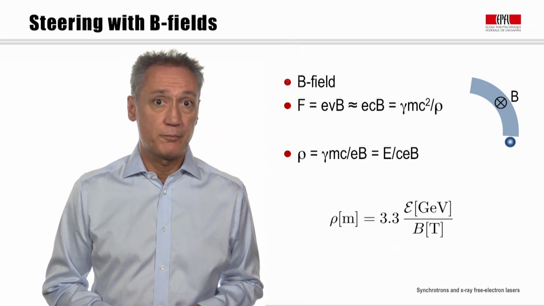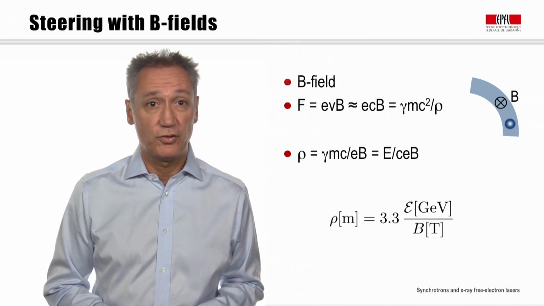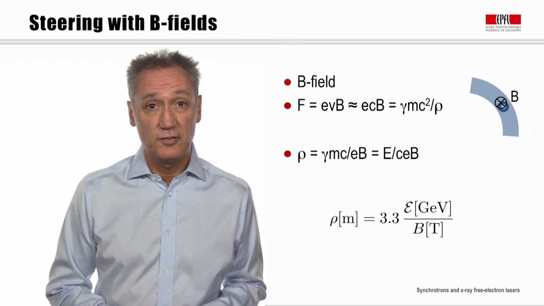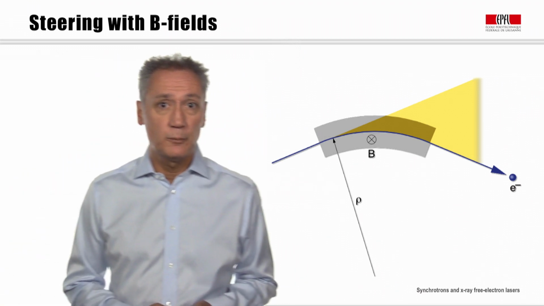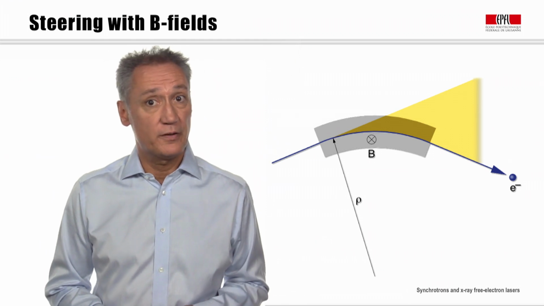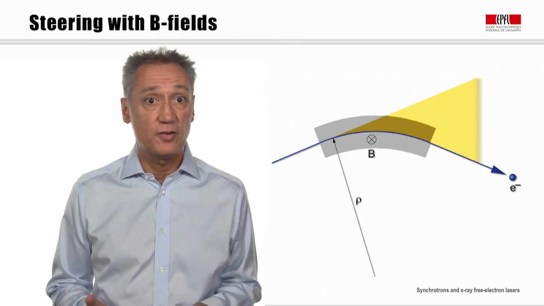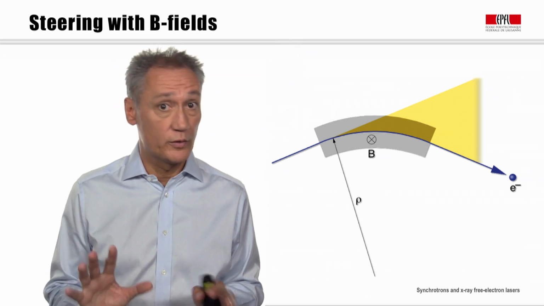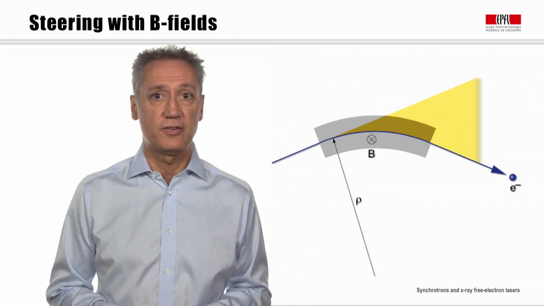We can re-express this in practical units such that ρ in meters equals 3.3 times the storage ring energy expressed in gigaelectron volts, divided by B given in Tesla. Hence, an electron traveling in a horizontal plane that experiences a constant B field acting vertically will be steered in a circular path of radius ρ. From our practical expression for ρ, we see that a few gigaelectron volt storage ring containing magnets with field strengths of the order of 1 Tesla will bend electrons along a path with a radius of the order of 10 meters.